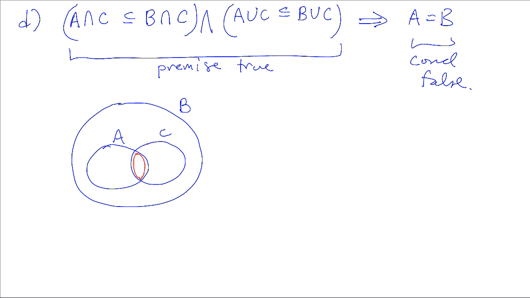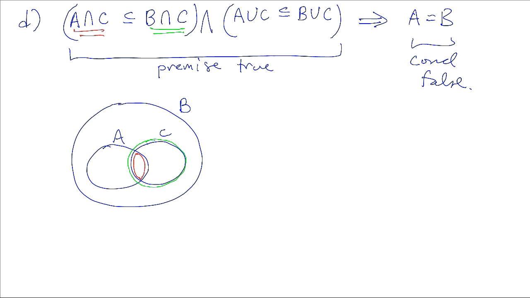And so B intersect C is equal to C. There's where C and B overlap. Okay, and so indeed, so let me underline these with their colors. So this one's true.